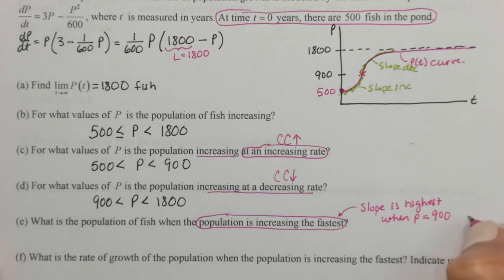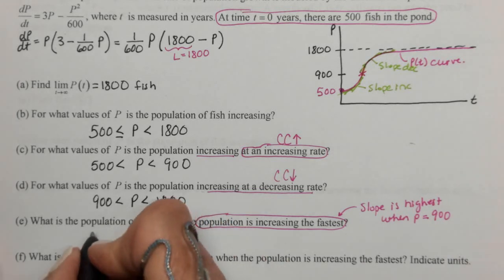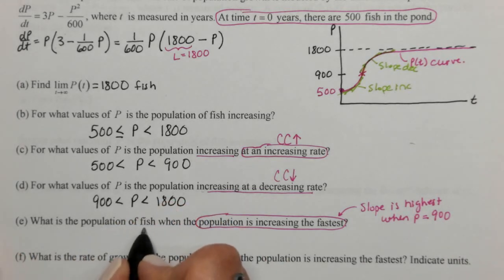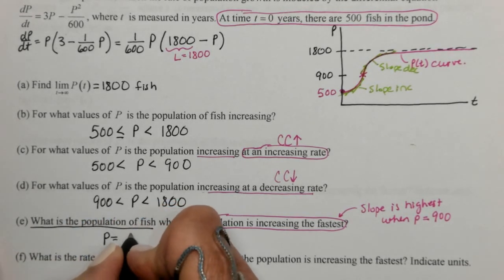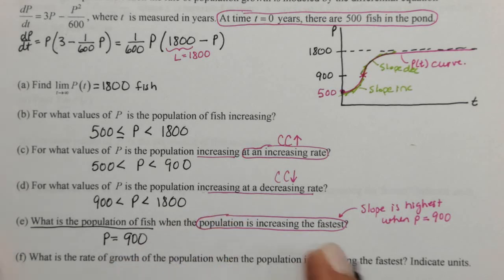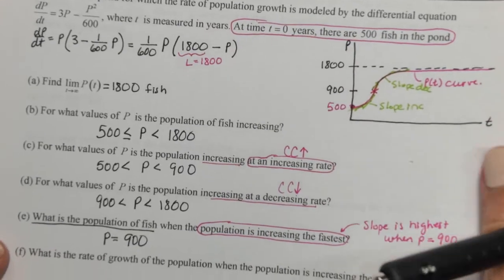We know nothing about time. I have no idea what time that is, but we know it's when P is 900. So the population of fish is 900 when the population is increasing the fastest.